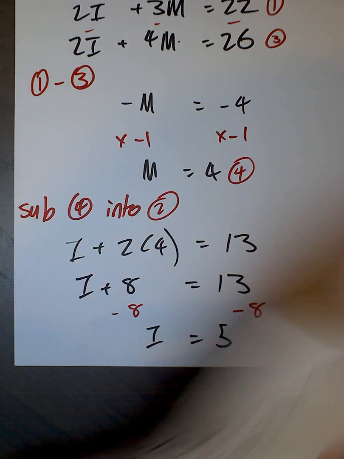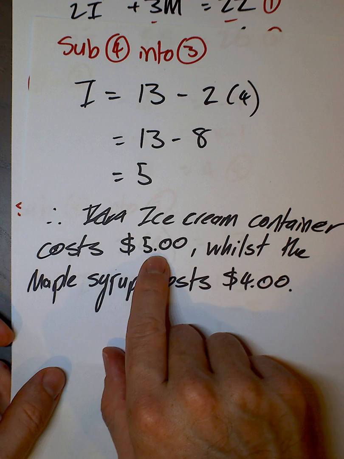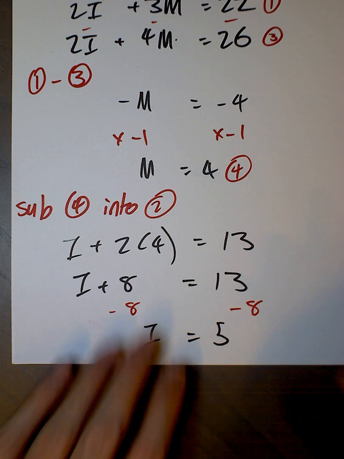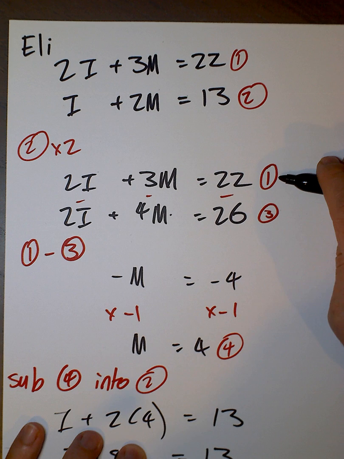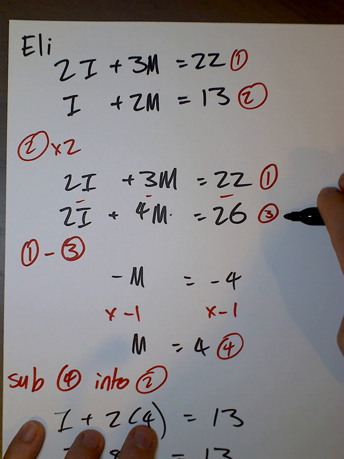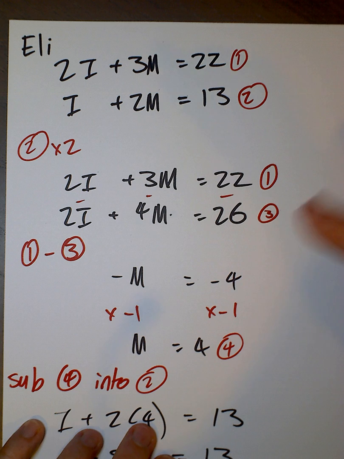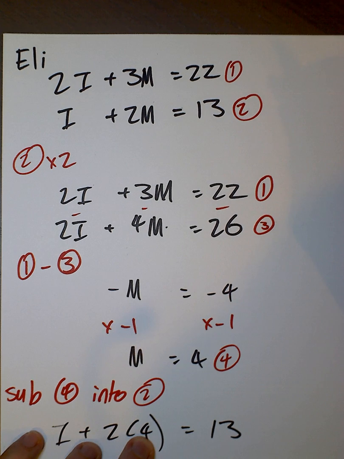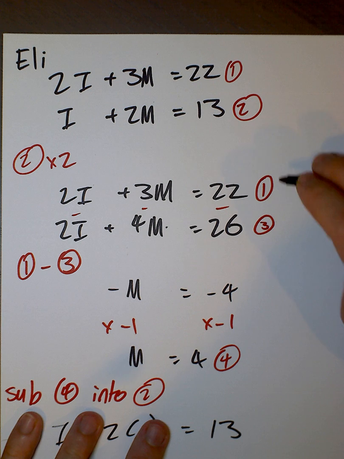So we previously got these answers: the ice cream container equals $5, whilst the maple syrup costs 4. I was a little careless, in the sense I was rushing. So let's take it back and see why I made that mistake. I did do something correct in the sense I was taking it away from the top.